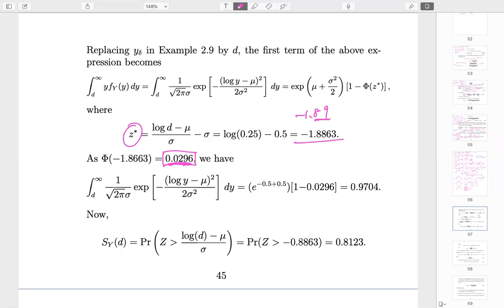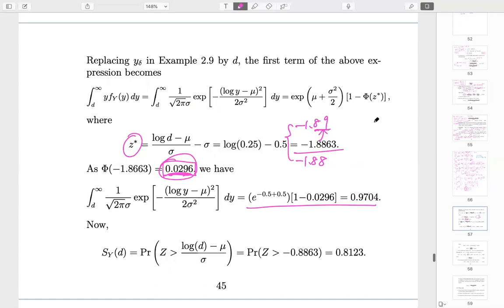It is between 1.88 and 1.89. So if you want, you can get the linear interpolation, but it's really not needed. You can just go to the nearest number you can find from the table and then get the value. This is likely to be computed by software like R or MATLAB. Once you have this number, it's nice because that gives you the integral.